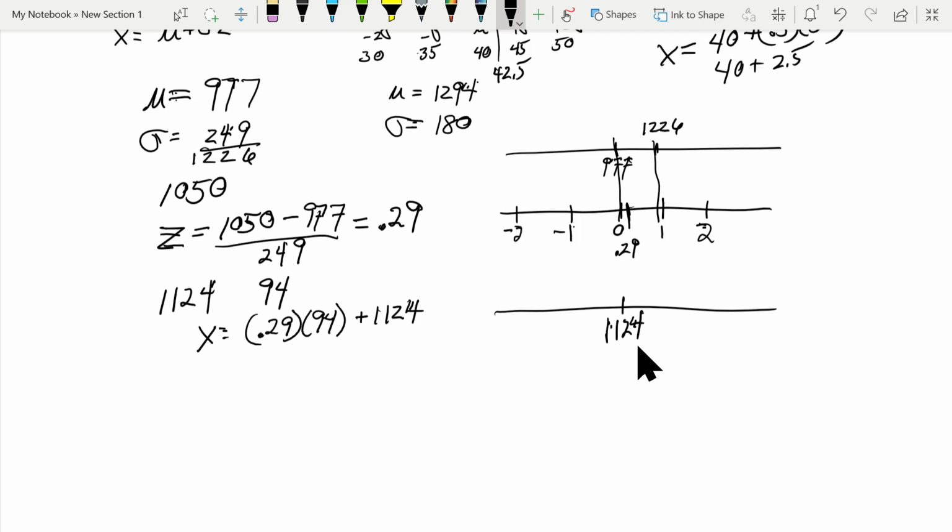So if I do this calculation, 0.29 times 94 plus 1124, it's going to give me a score a little higher than the average. It's going to be 0.3 of 94 above the average. So it comes down into here.